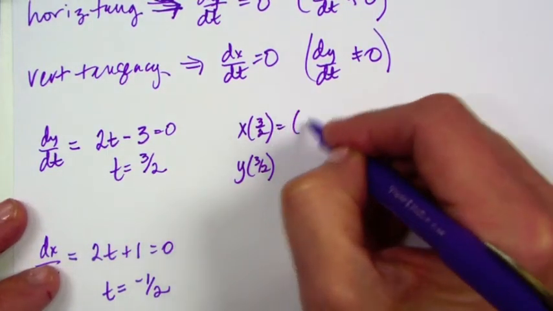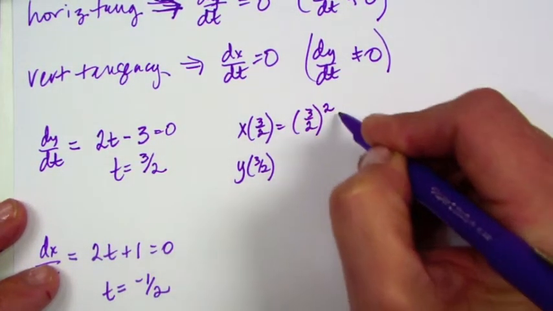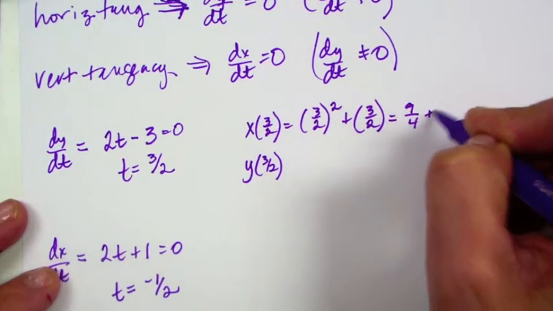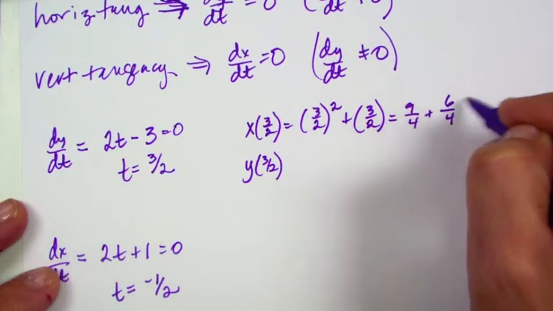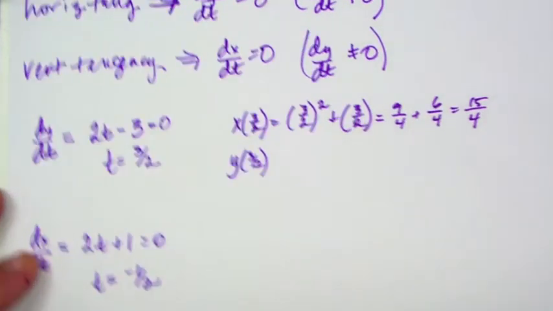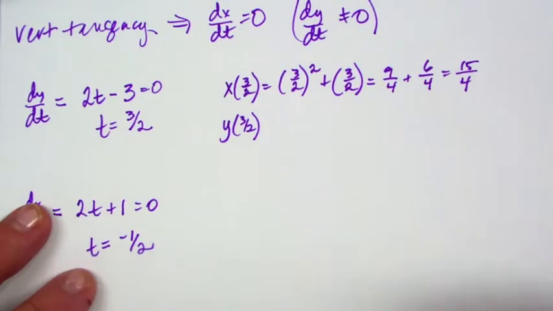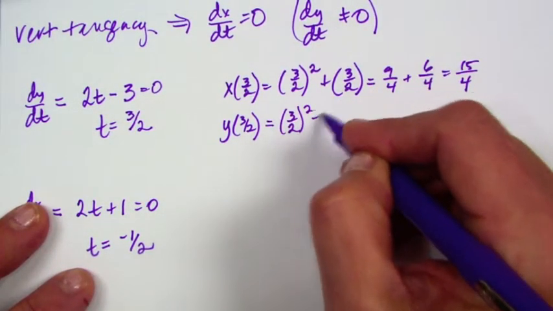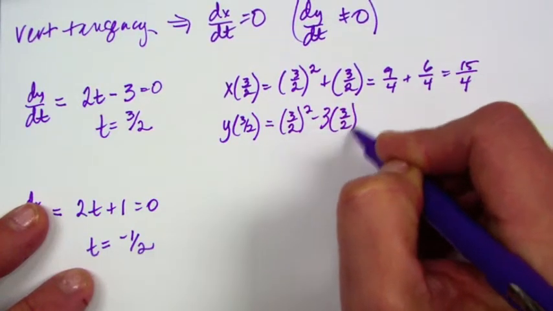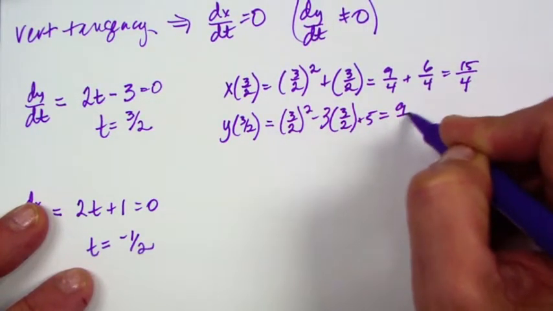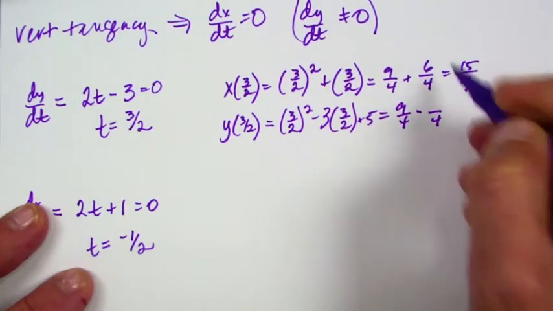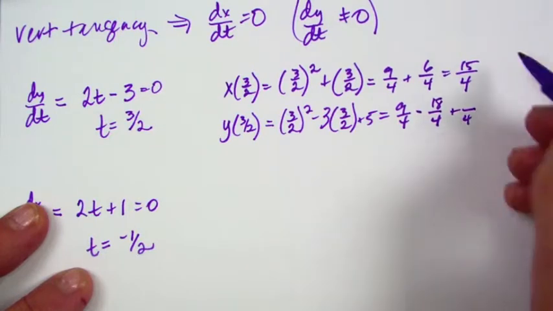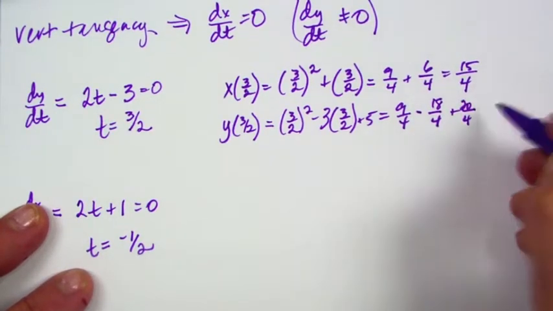So x of 3/2 would be 3/2 squared plus 3/2, which is 9/4 plus 6/4 or 15/4. And y of 3/2 would be 3/2 squared minus 3 times 3/2 plus 5, or 9/4 minus 18/4 plus 20/4.